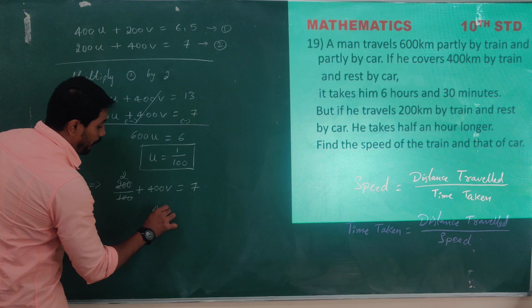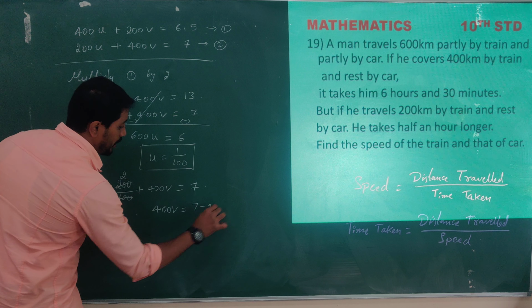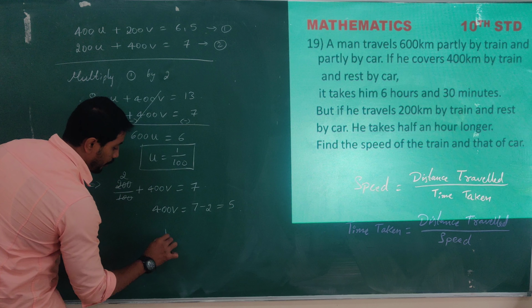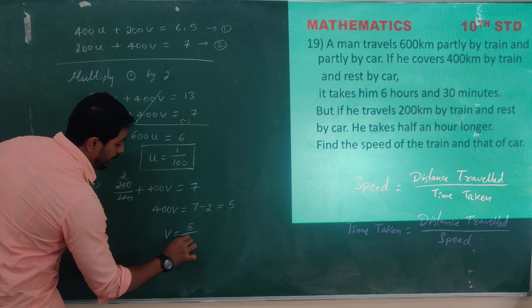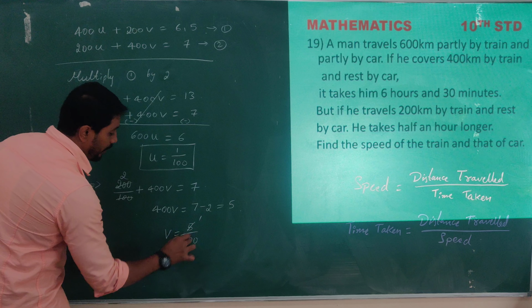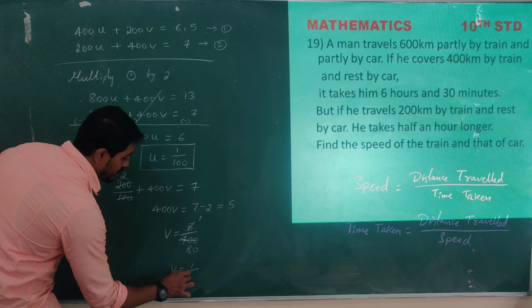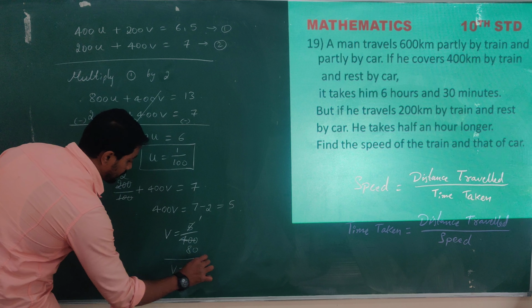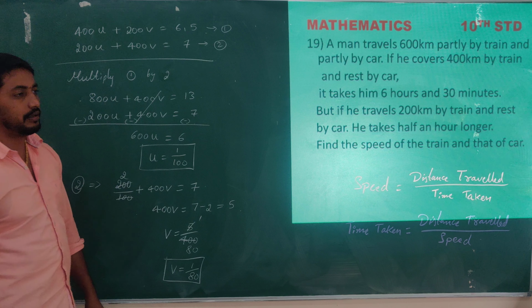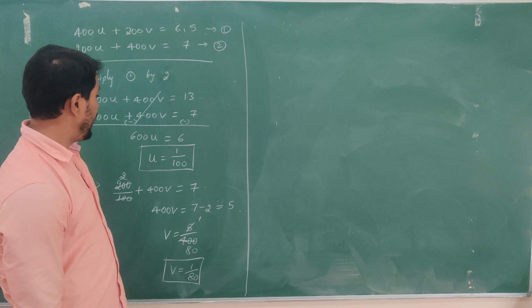Then it becomes 400v, which is equal to 7 minus 2, nothing but 5. So the v value is 5 divided by 400, which is 1 by 80. Therefore, v is equal to 1 by 80.